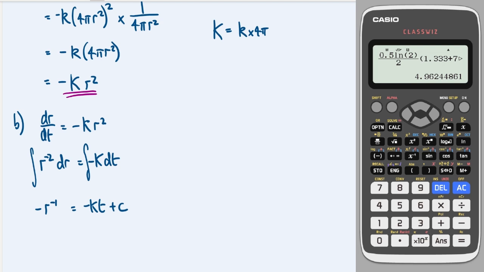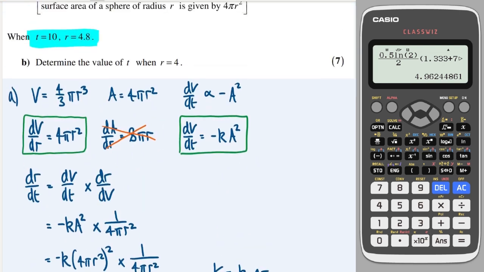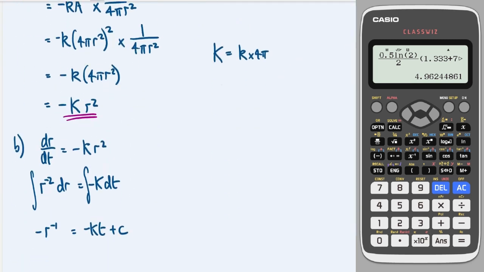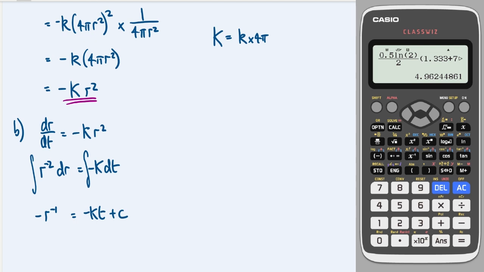Okay, so here's where the initial conditions come in. My first one is that the radius is 5 at the start. So I will put here -1 over 5 by subbing in 5, and that's equal to c, when t is 0.